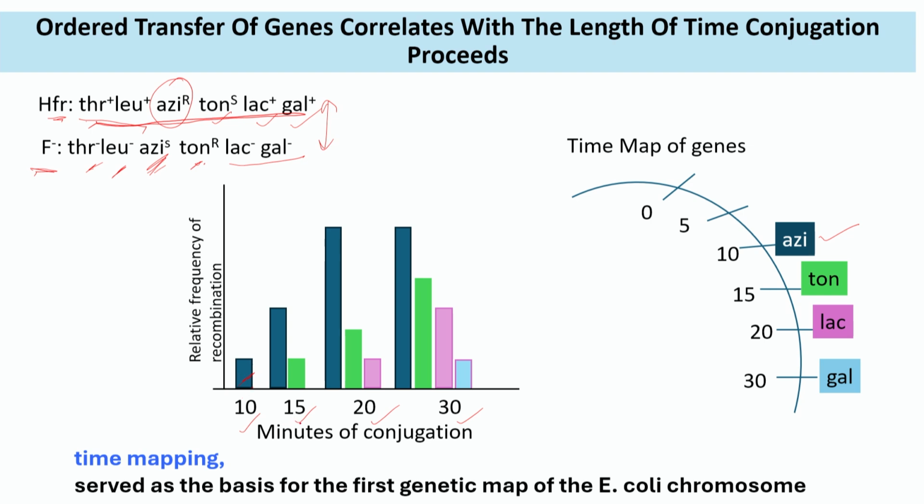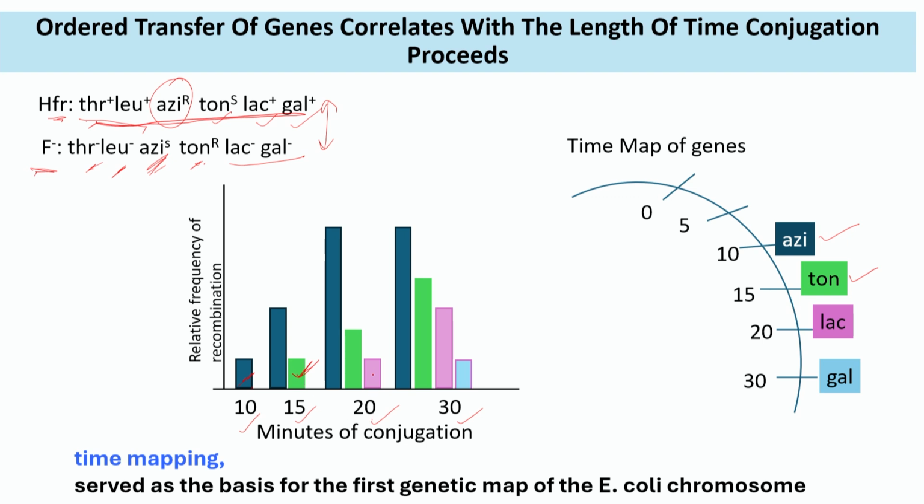After 15 minutes, there are even more bacteria that show azithromycin resistance, and they also have another gene showing up, which is TON. So they become TON sensitive for some of the bacteria.